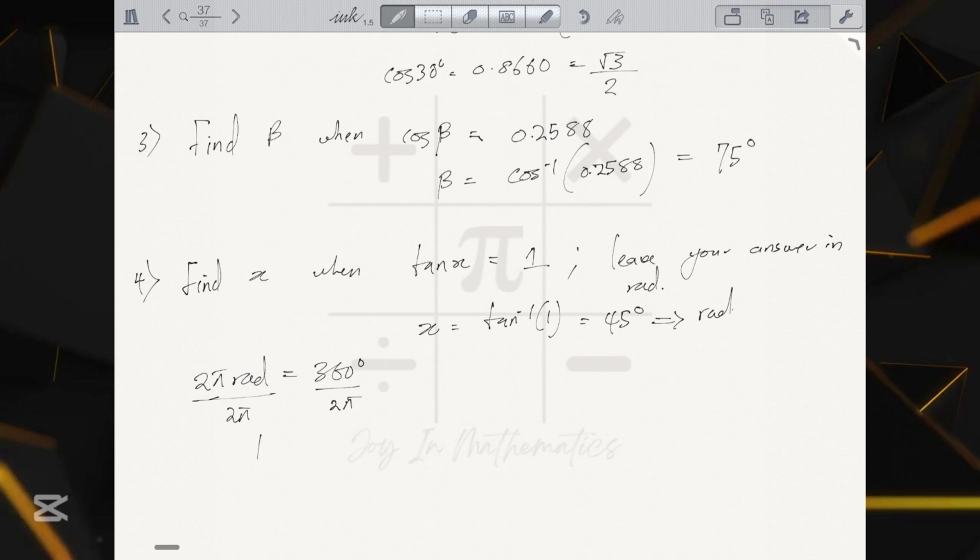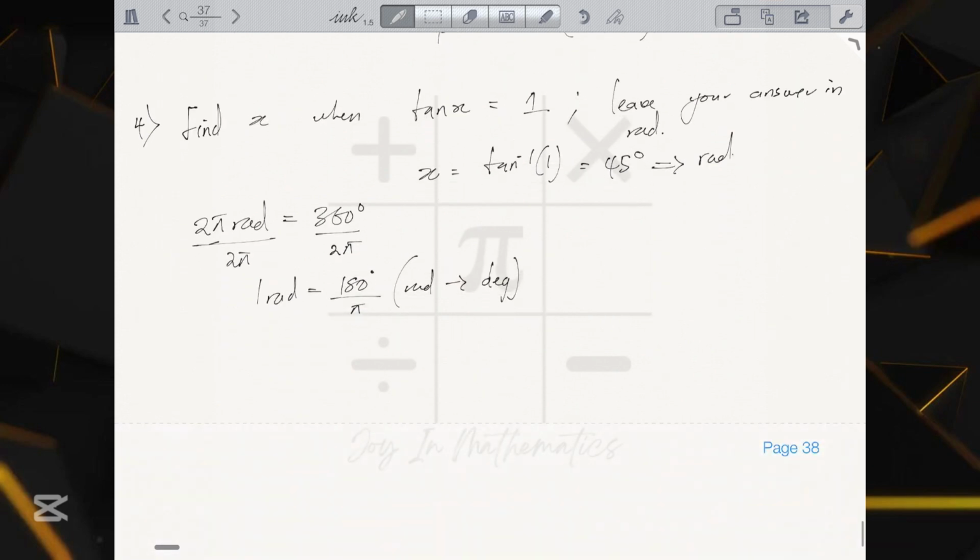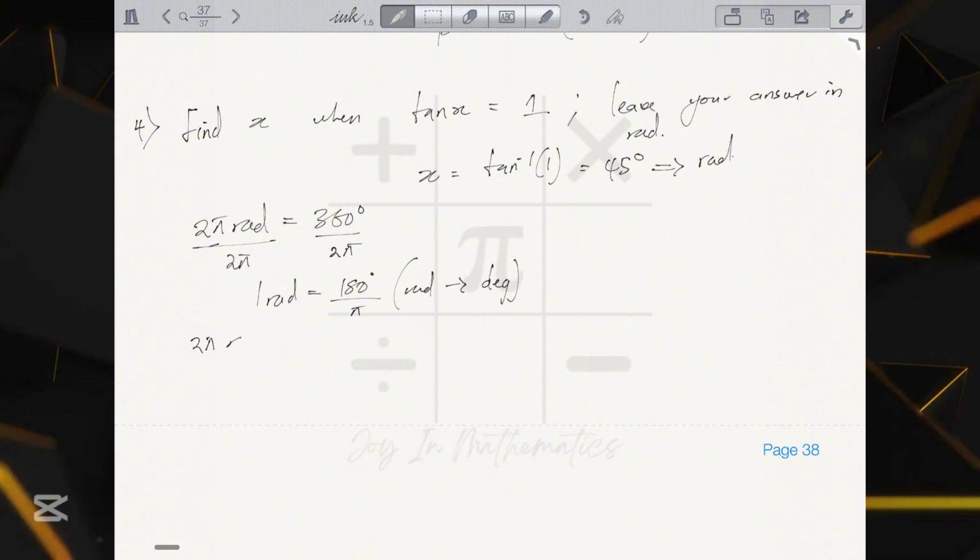So we're saying that 1 radian will be equals to 180 over pi. This is from radians to degree. Similarly, if we divide both sides by 360 degrees, we have that 1 degree is equals to pi over 180. This is from degree to radian.